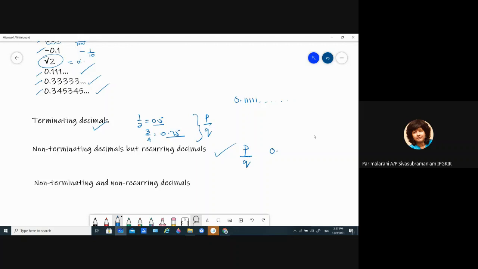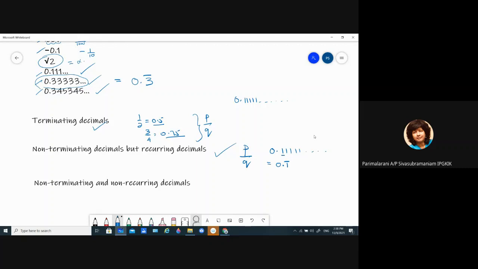When you have a number like 0.1111 and so on, the number that is recurring is 1. If 1 is recurring, then you can also write this number as 0.1 with a dash on top. This means that the 1 is recurring. 0.3333 can also be written as 0.3 with a dash on top, which means the number 3 repeats.